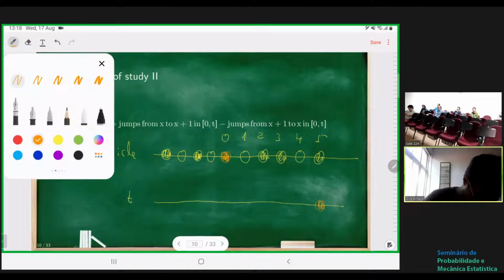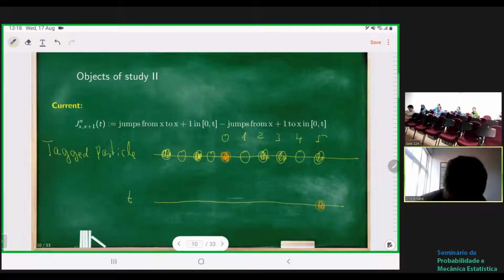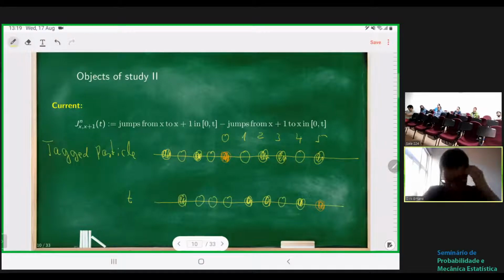Then maybe at 0 there's no particle, maybe there's a particle here, maybe here, maybe no particle here, maybe a particle here and here, I don't know. So let's assume this is a configuration at time t. So this means the tagged particle went from 0 to 5.